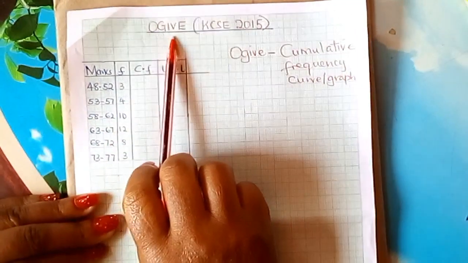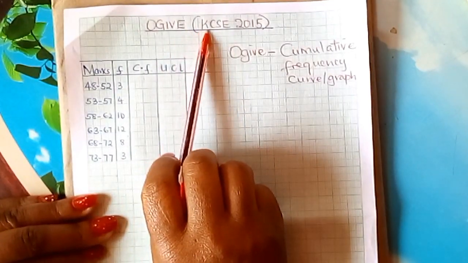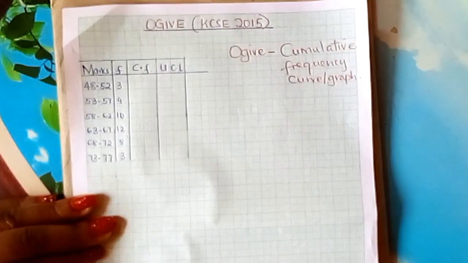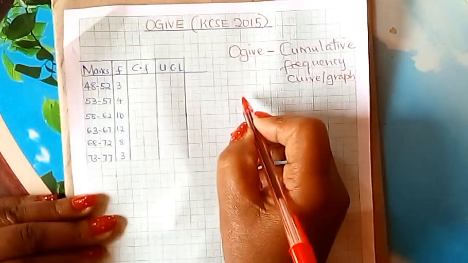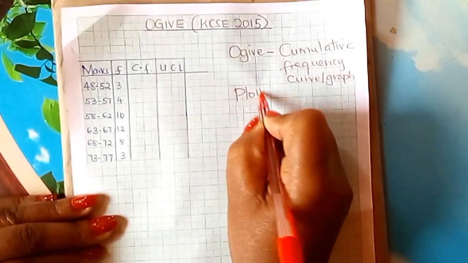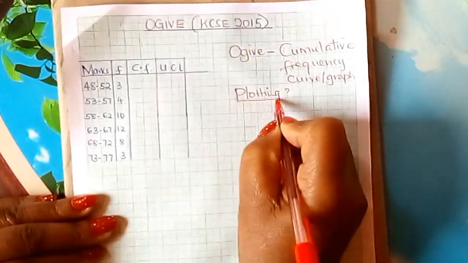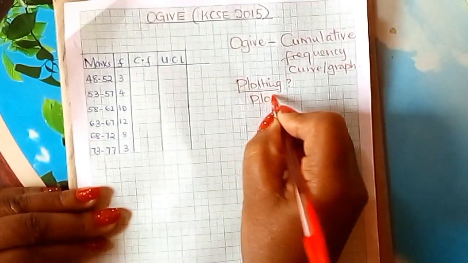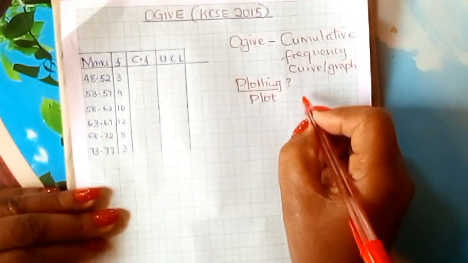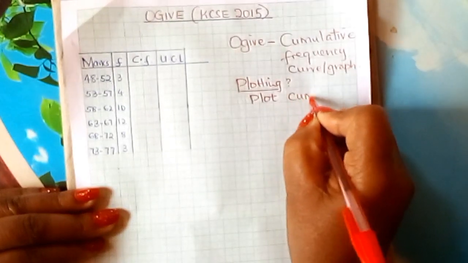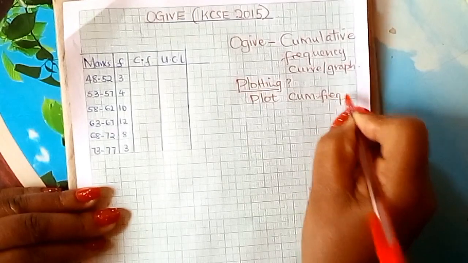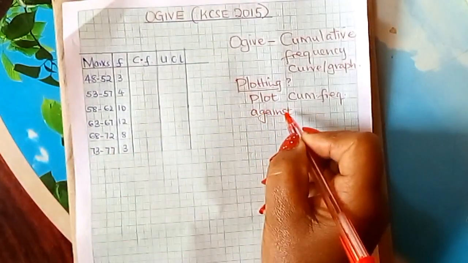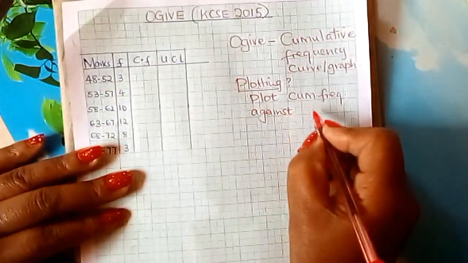So we are going to look at the Ogive, and this was a question which was tested in KCSE in year 2015. Now, learner, how do you plot the Ogive? How do you plot the cumulative frequency graph?